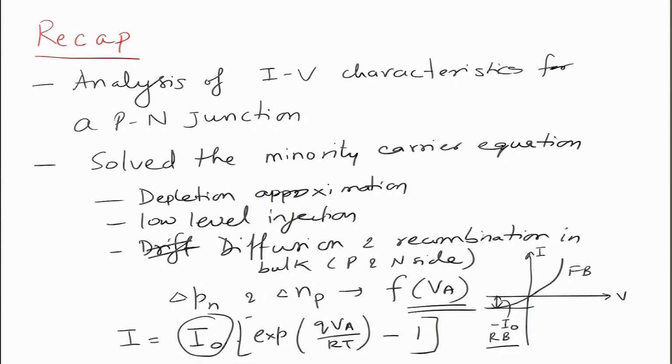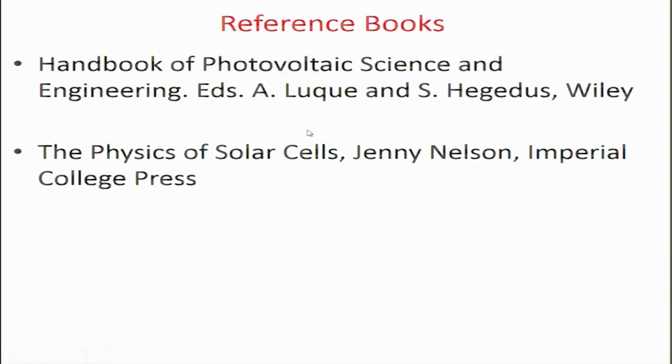Now, what we will do today is we will analyze the p-n junction characteristics of a device in light. For this I would first recommend these books. The reference books for this section are the Handbook of Photovoltaic Science and Engineering by A. Luque and S. Hegedus, Wiley Publications.